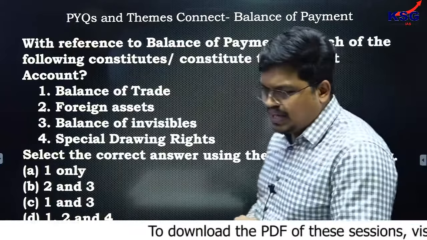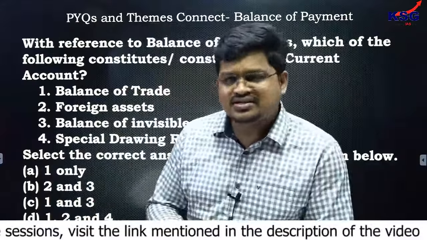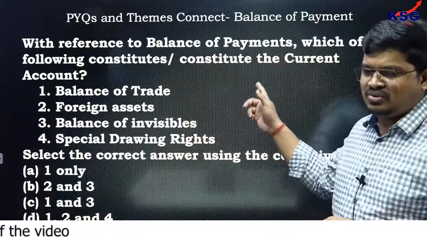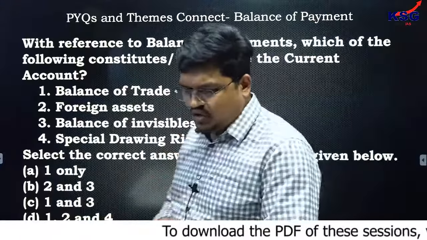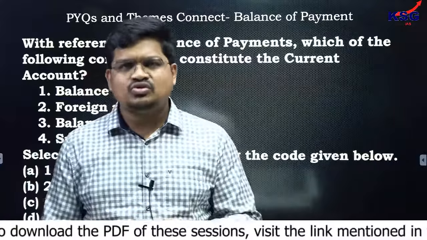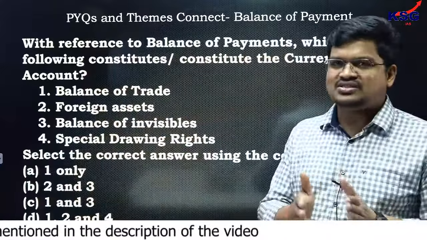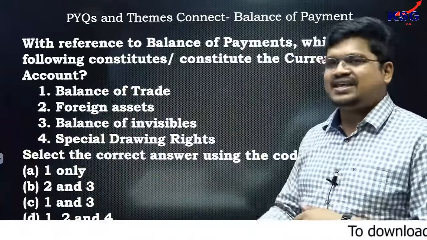I think you know the balance of payment has two accounts. One is current and another one is capital. Let's see the first one, and this is the question about the current account. Balance of trade. When we say balance of trade, that means it talks about export and import of goods only. Foreign assets are related to investment in the stock market, let's say share, bond.